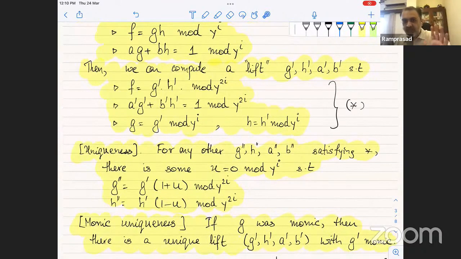In fact, there is a unique G prime mod y power 2i, such that there is only one possible lift if you restrict yourself to monic lifts. That's the point. So the previous uniqueness is uniqueness up to a factor of 1 plus u. The moment you throw in the additional constraint that G and G prime are both monic, there is only one lift. You don't even have more than one choice.